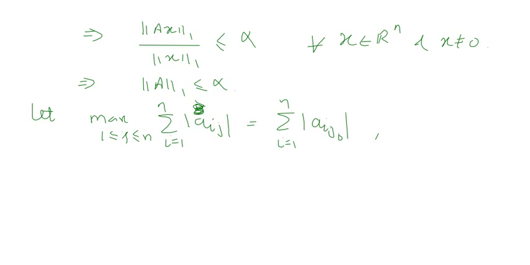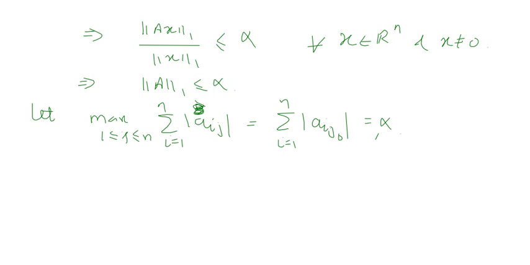So you can see this is the modulus of a1 j naught plus the modulus of a2 j naught plus and so on, for some j naught, and that is equal to alpha.